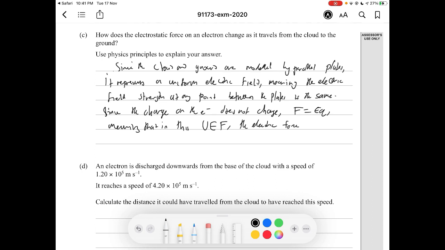The electric force is the same. So you can say, hence the force does not change as the electron travels down.